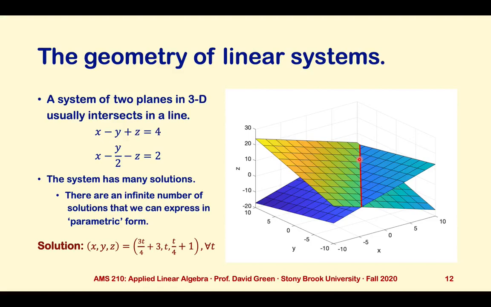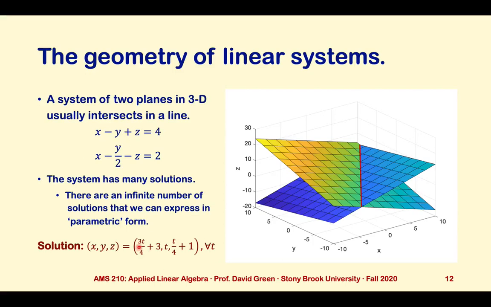Again, we can write this in a parametric form. Because our answer is a line, a one-dimensional object, we end up with one parameter to describe that. Let's not worry at this particular point about how we get this solution. We'll be exploring this further on down the line.